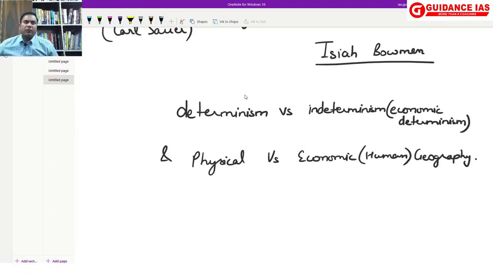With the emergence of the quantitative revolution in the 1950s, these dichotomies and dualisms became less apparent.